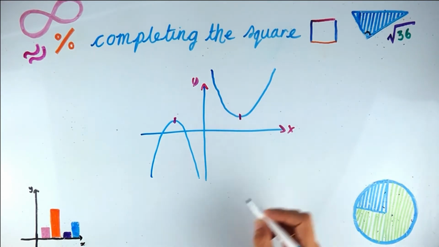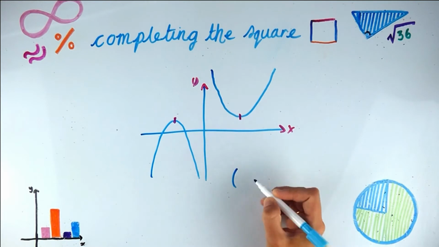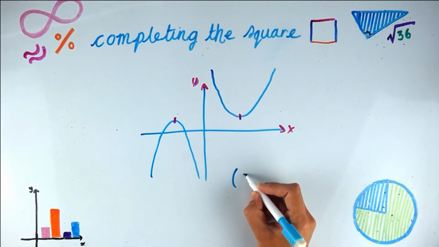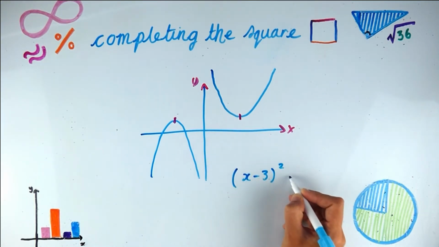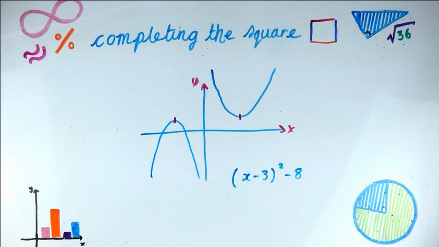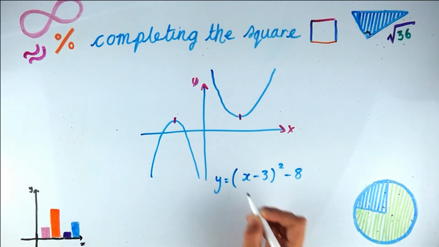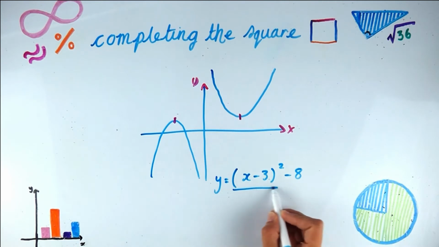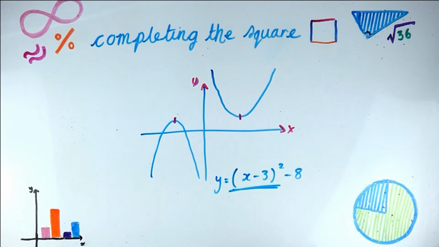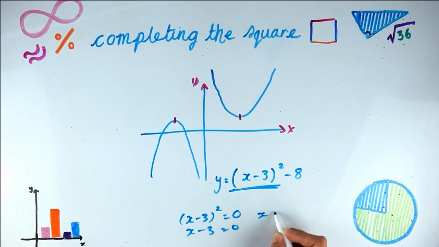So say we had our first example, which was x minus 3 squared minus 8. So if this was in the form y equals, we want to find the turning point, so we want the bracket to equal 0. That's going to equal 0 when x minus 3 squared equals 0, x minus 3 equals 0, x equals 3.